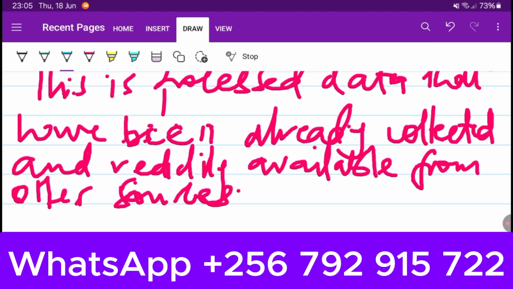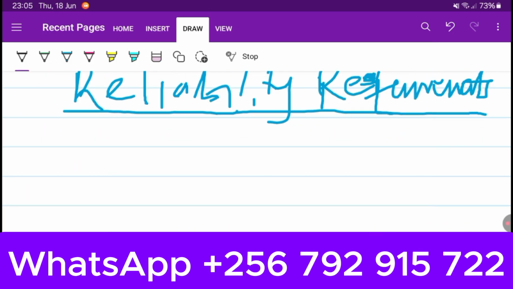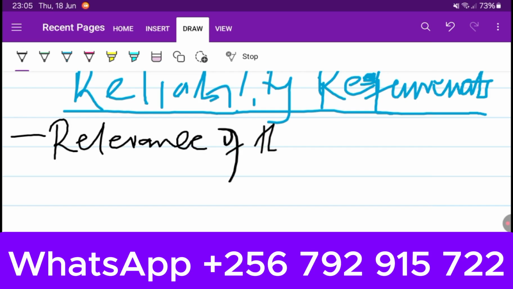Reliability requirements. So one of them, of course, we look at the relevancy of the data.